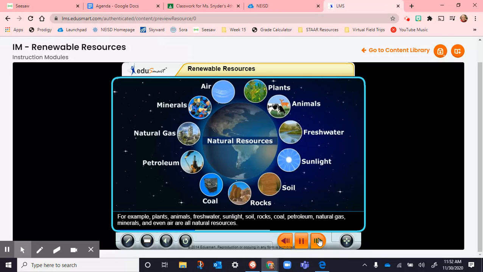All right, so all of these things are natural resources, and we can take all of these and we can separate them into two categories. So these are things that Earth gives us, and we categorize them into two categories. So let's get into that.